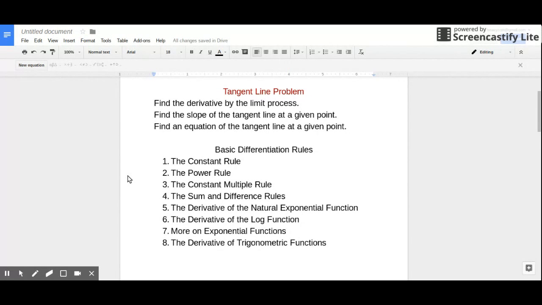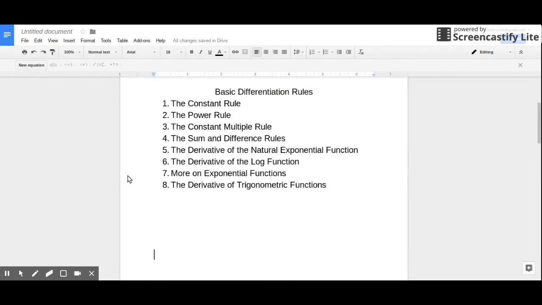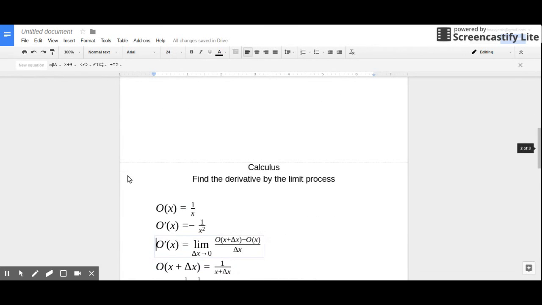Now what we're going to do is find the slope of the tangent line at a given point. That means to find that slope at the given point, we're going to need to find the derivative, and then we're going to plug in a number. Let me quickly bring up this graph. This is the graph of the function x.